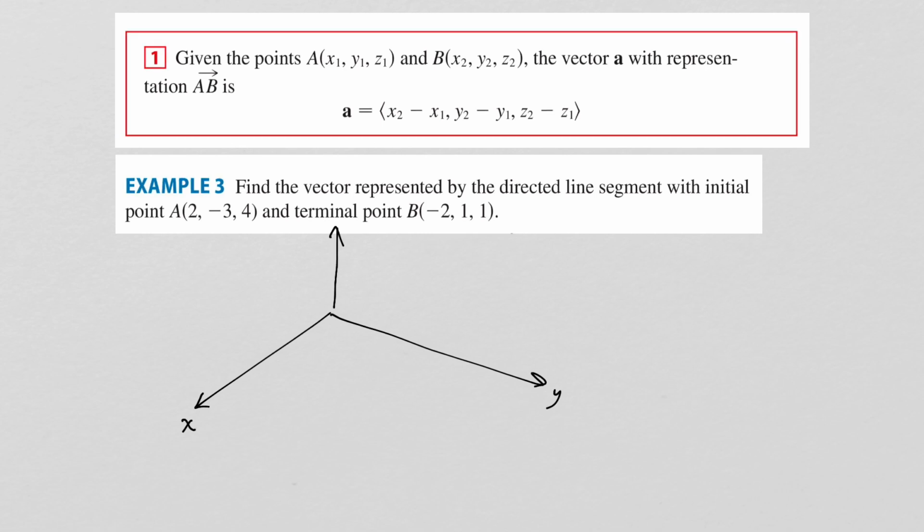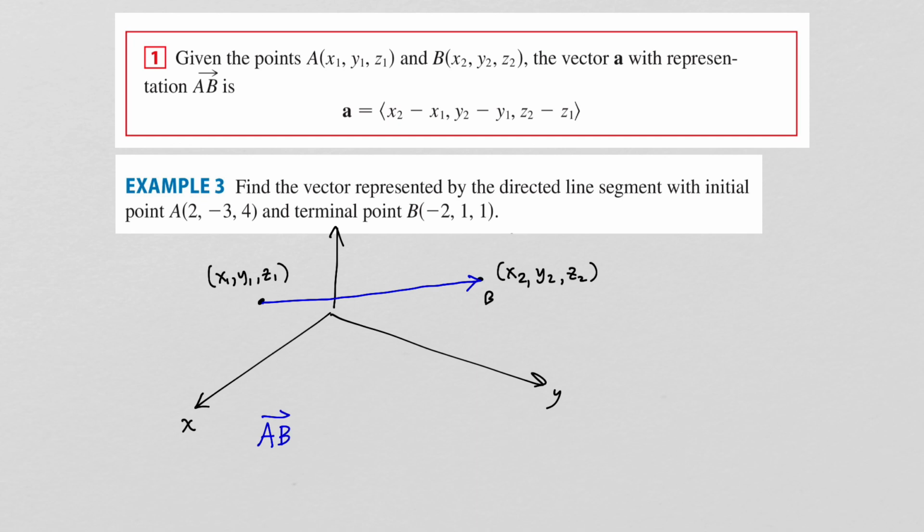We have some point A, which is the point x1, y1, and z1, and the point B, which is the point x2, y2, z2. And what I want is the vector from point A to point B. So I want the vector AB. And I want that like in standard form.